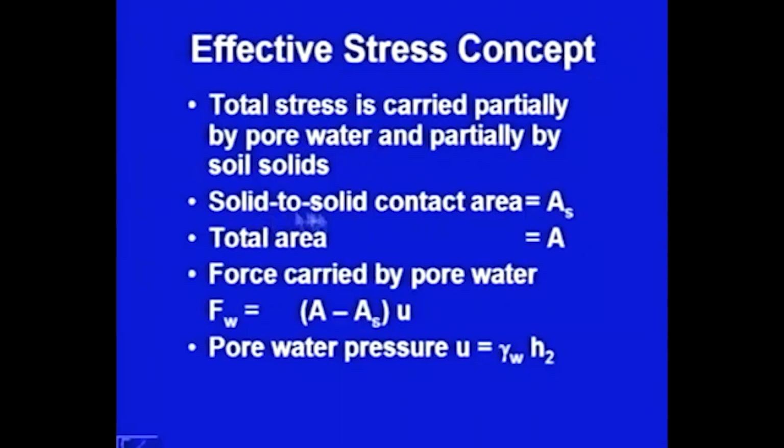Let us say the solid to solid contact area is As, the total cross sectional area is A, and U is the pore water pressure. Then the force borne by pore water will be equal to (A minus As), the area over which water pressure is acting, into U. So, (A minus As) into U will be the force borne by pore water, where U will be equal to gamma W into H2.